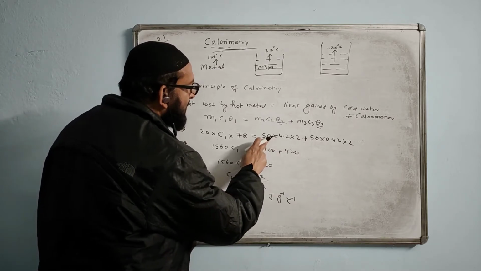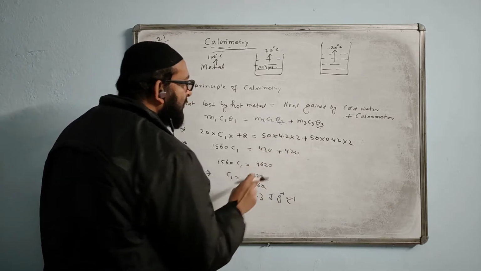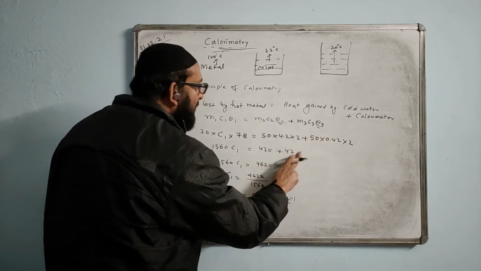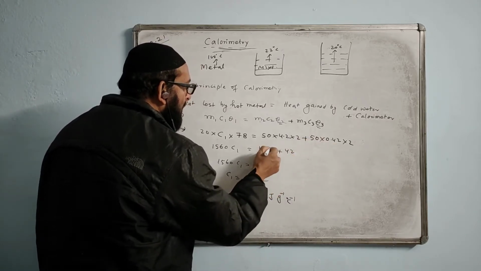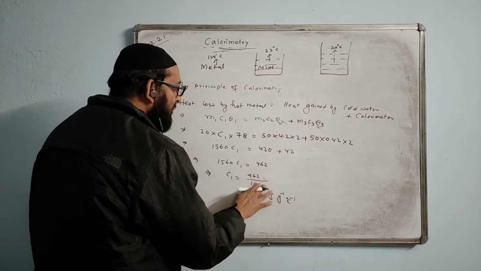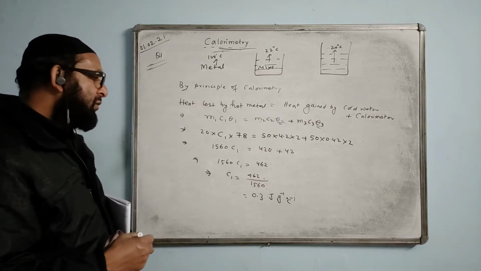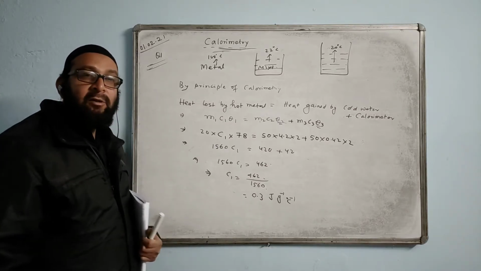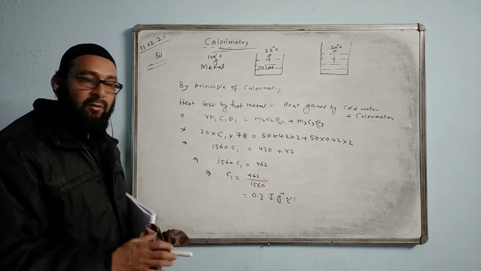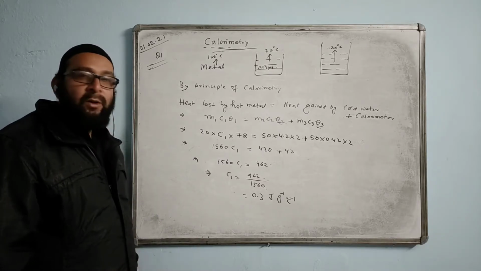There was a slight mistake here. 50 into 4.2 into 2 is coming 420 and out here is coming 42. So correction please. This will come only 462. 462 by 1560. Then answer comes nearly 0.3. Check in the calculator how much it comes. It must be coming 0.29 something.